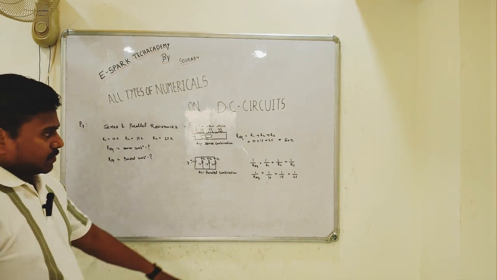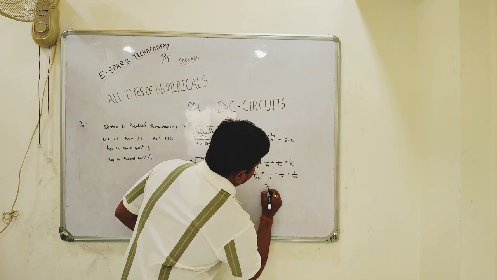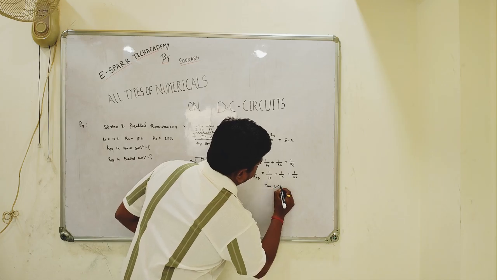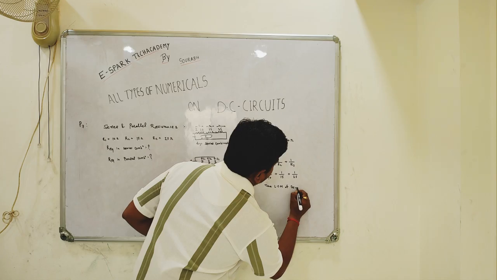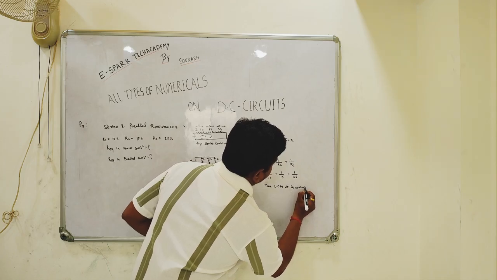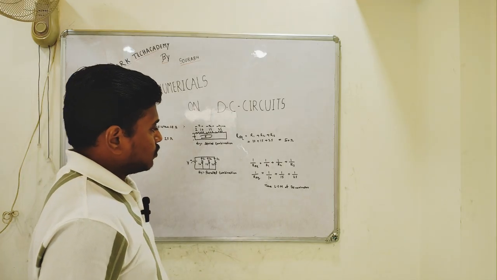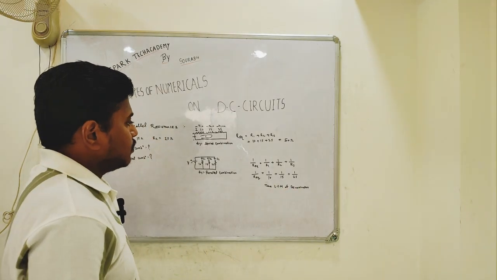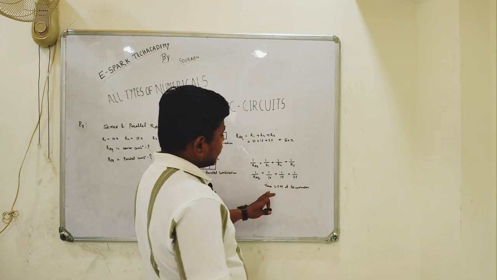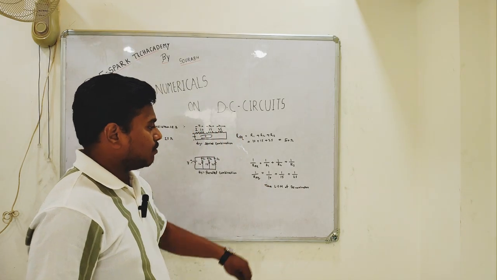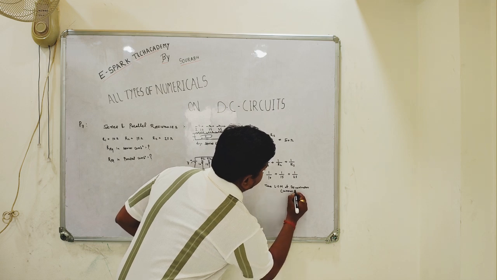Now we have to solve this. For this, what we have to do is take LCM of denominator. If you go through the tables of 25, you will get LCM, that we have to make the denominator common.